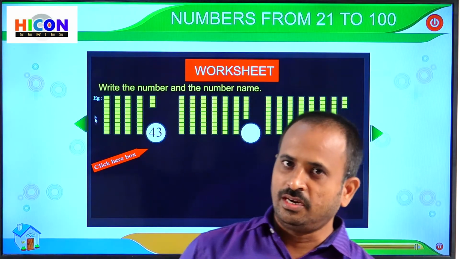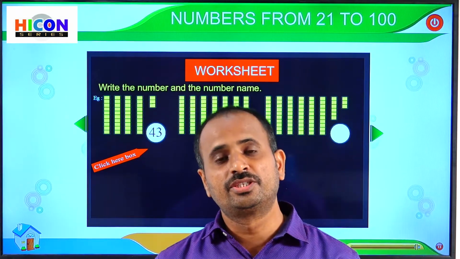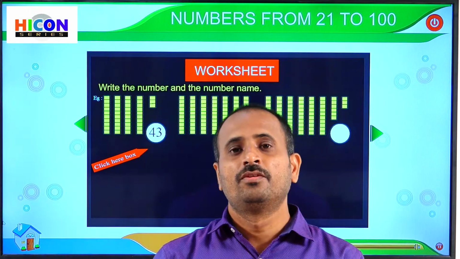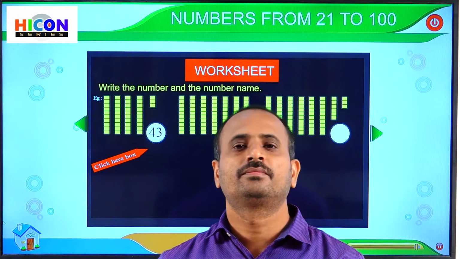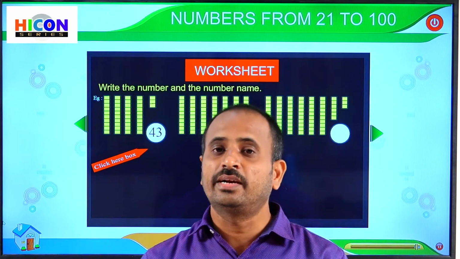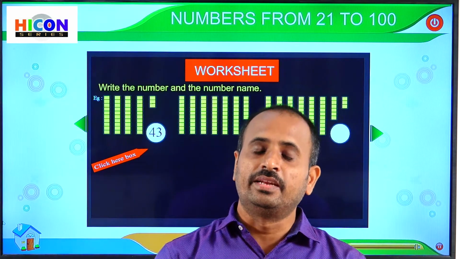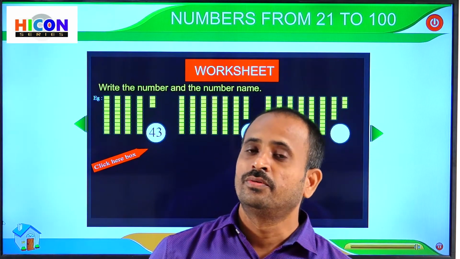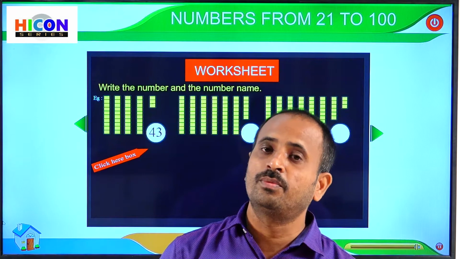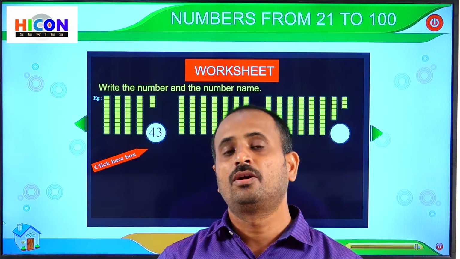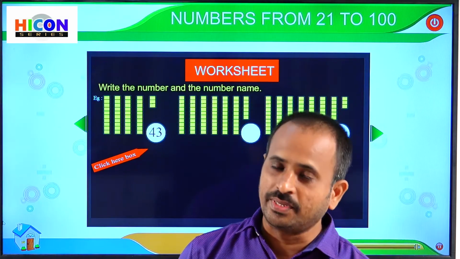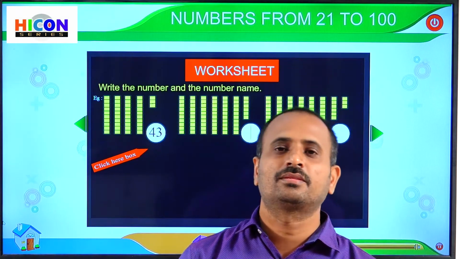So this is our fifth chapter. In this chapter, we have learned how to write the numbers from 20 to 100, and also learned how to write the number names for the numbers from 21 to 100. And also we have practiced some problems on abacus, how to write the numbers from the abacus and how to represent the numbers on the abacus.